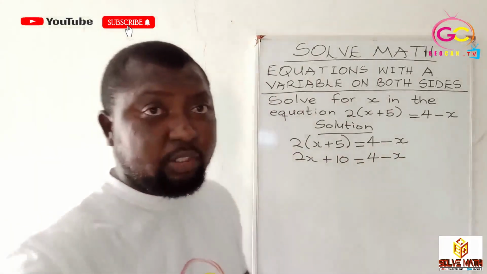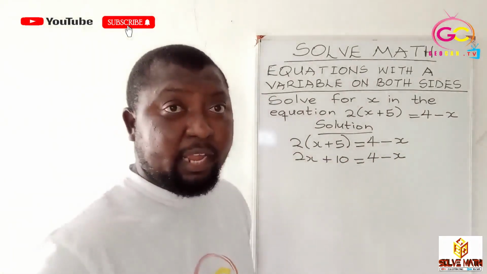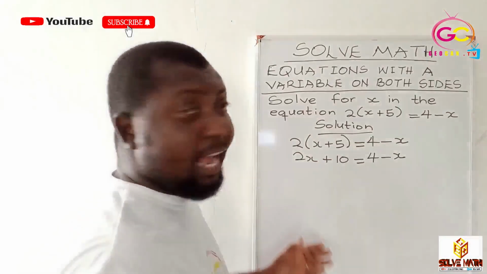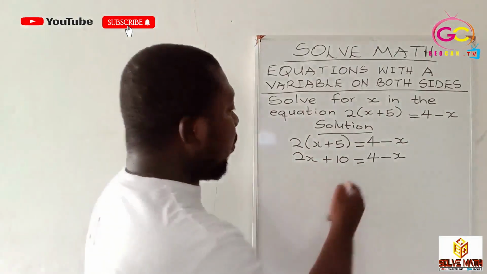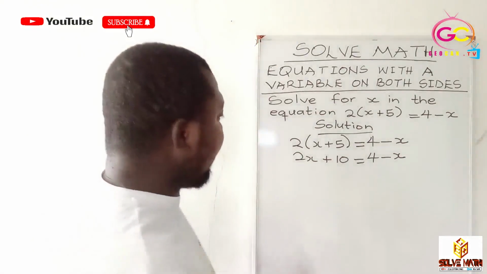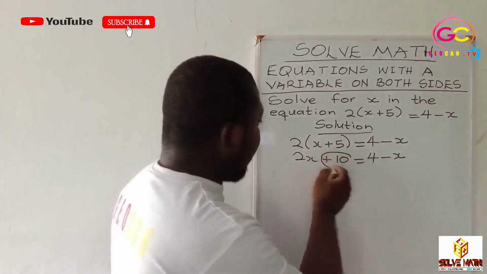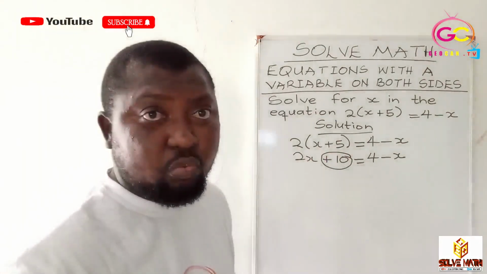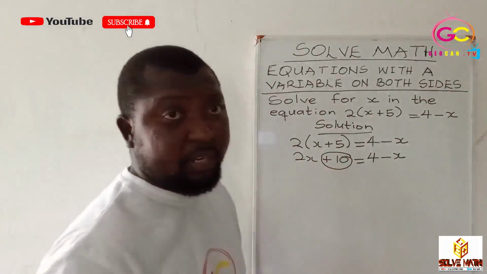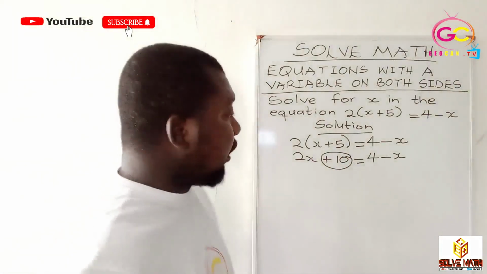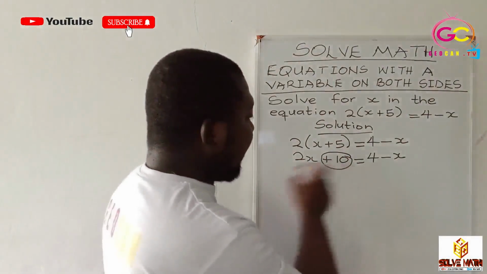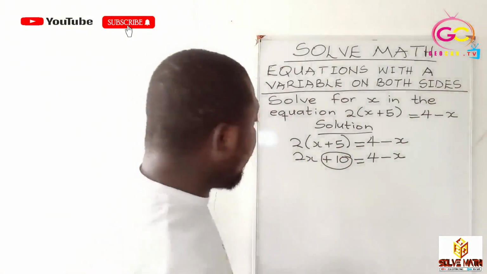Now, we are supposed to group like terms, and it's usually easier for the x to be on your left-hand side and the constants to be on your right-hand side. And with this, what do we have closer to the 2x? Positive 10. So in order to get rid of it, we are supposed to subtract 10 from both sides of the equation.